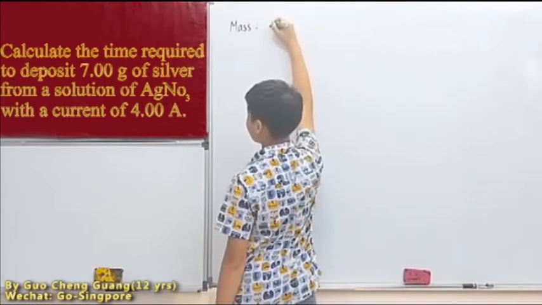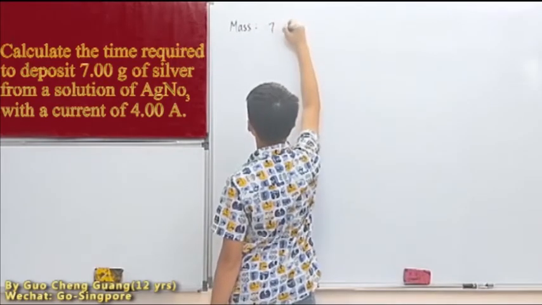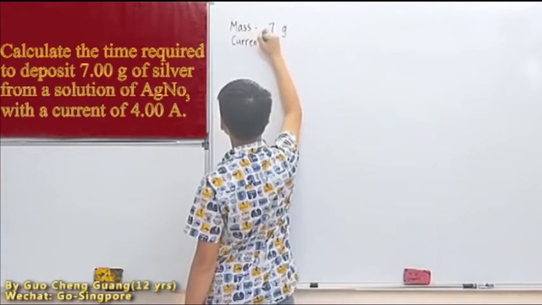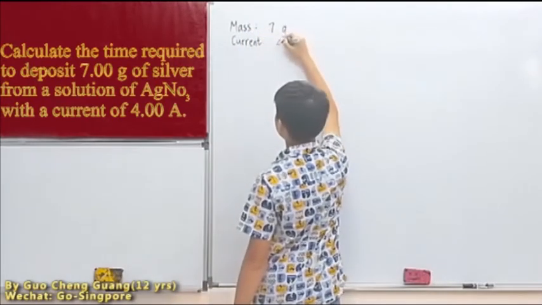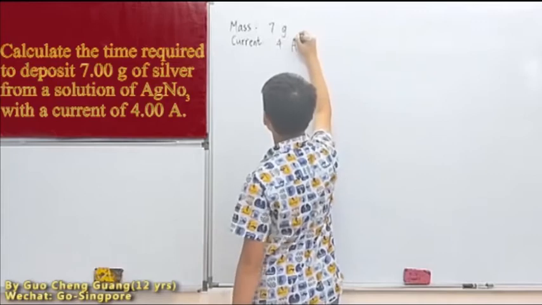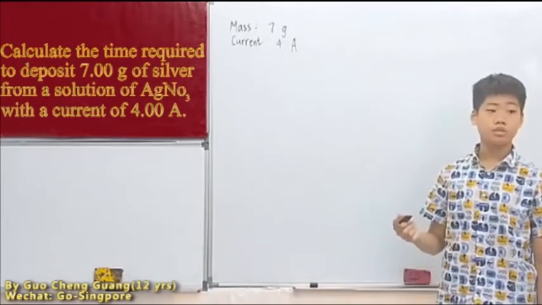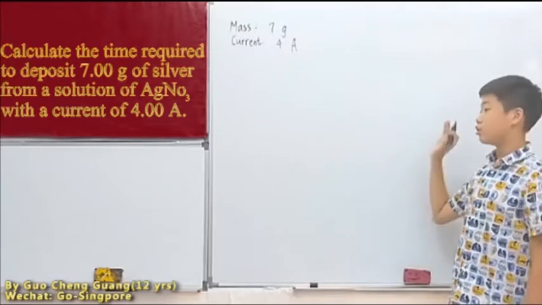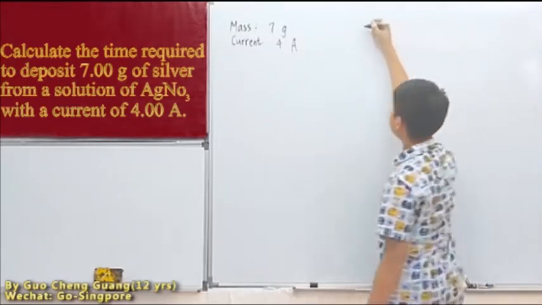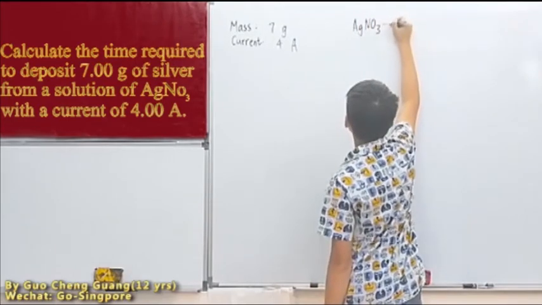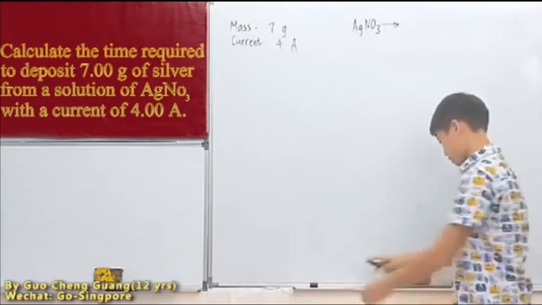So the mass that we have here is 7 grams, while the current is 4 ampere. Another thing that we need to know is the equation for when we change AgNO3.